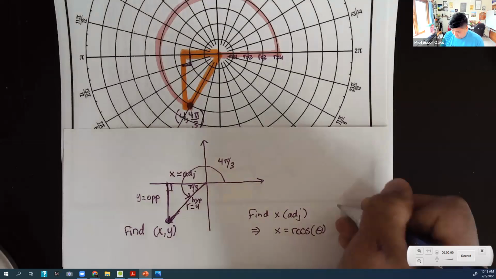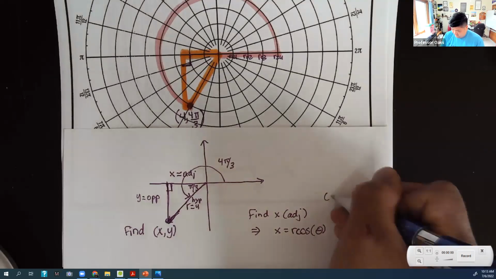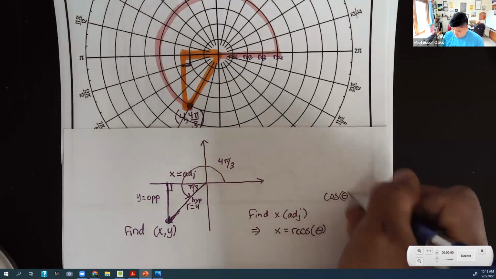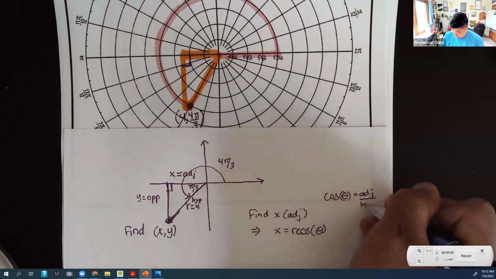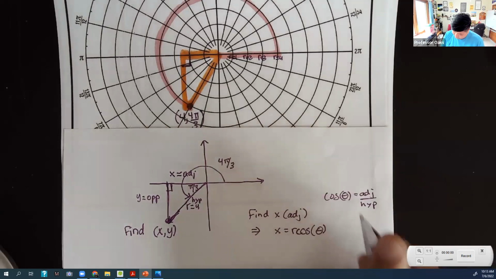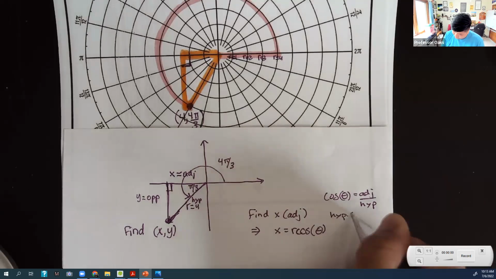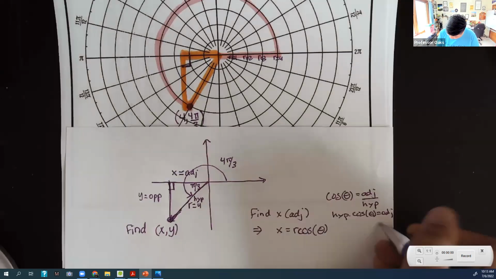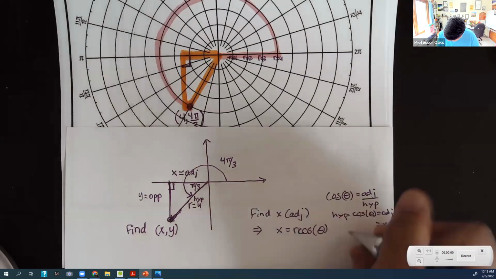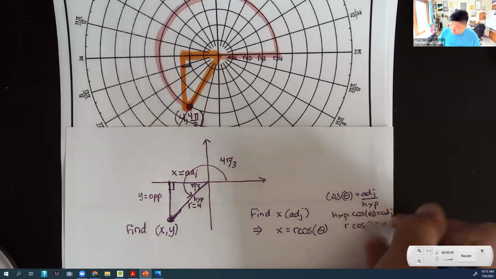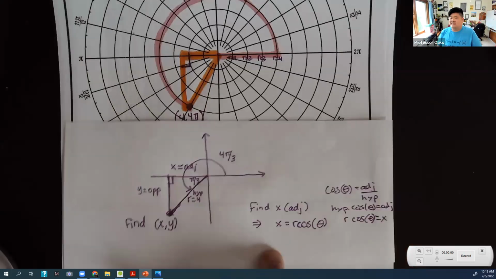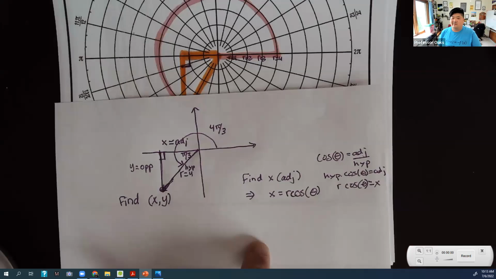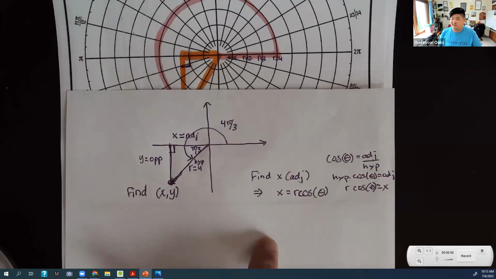Cosine of theta is adjacent over hypotenuse, so hypotenuse times cosine of theta is the adjacent side, and you knew that that was X and that was R. So that's what this is. Believe it or not, this is just a different way of writing what you've been doing in previous chapters.